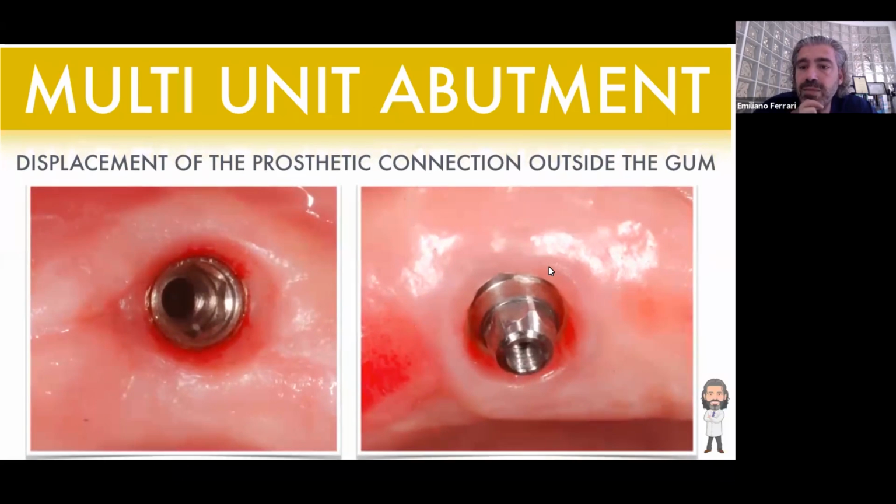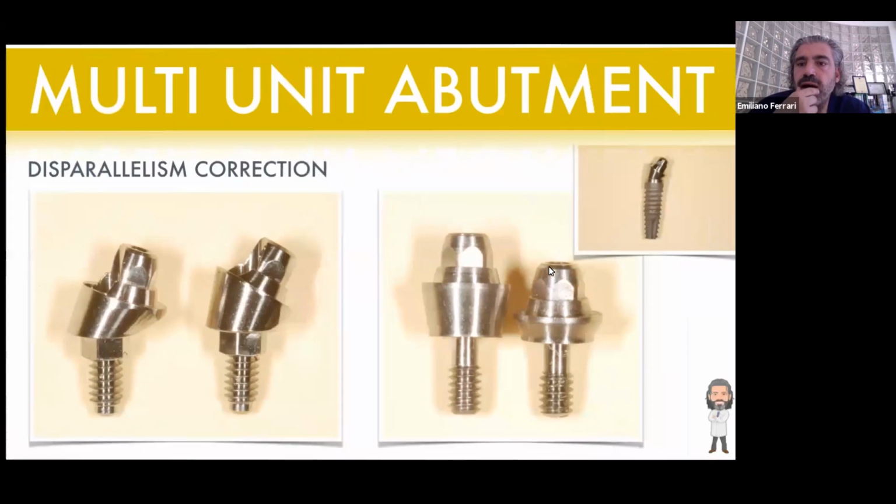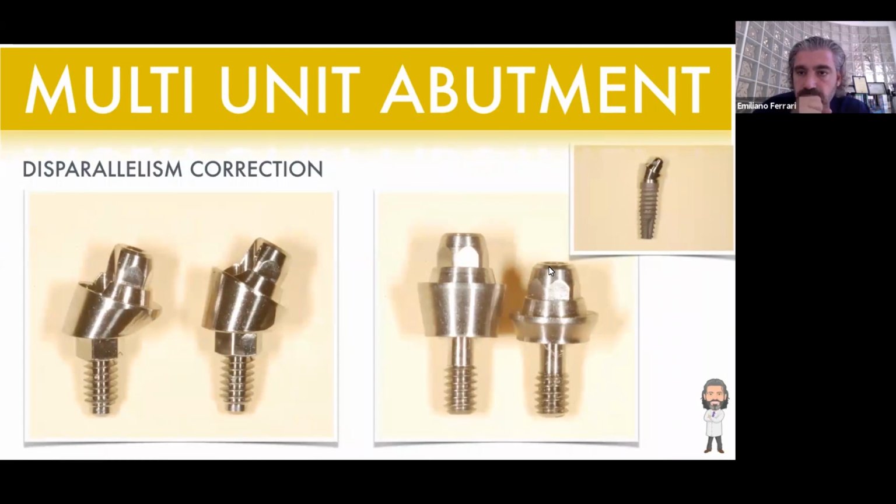Those kinds of abutment have two different functions. The first of all is the displacement of the prosthetic connection outside the gum, to relieve the patient from pain and to be easier to use for the clinician. But the very important reason for using the multi-unit abutment is the correction of the parallelism.